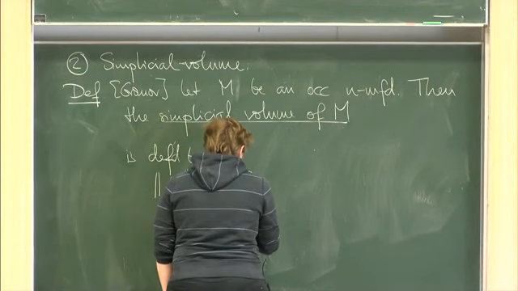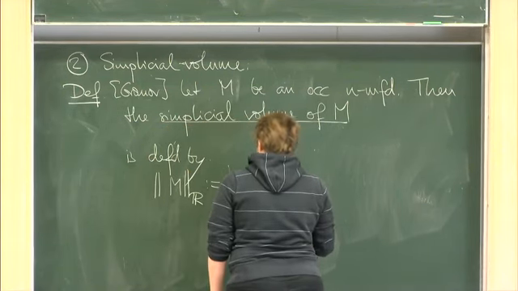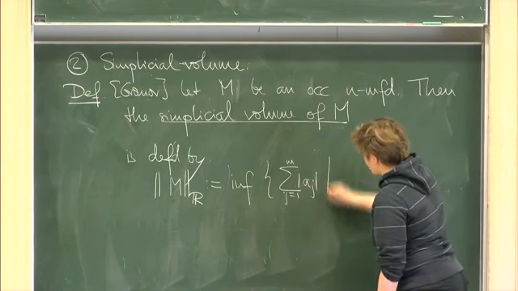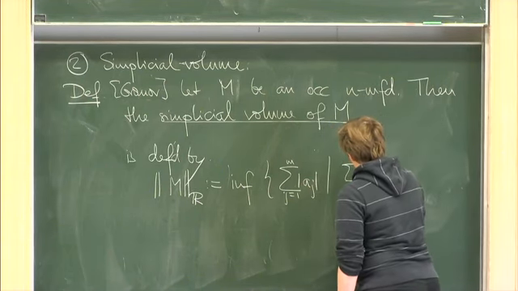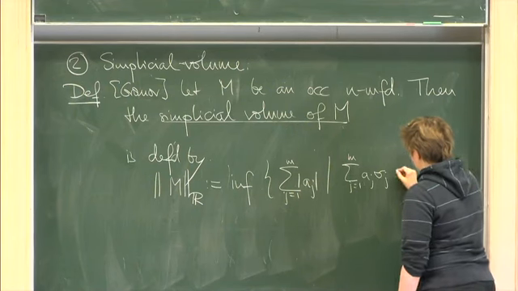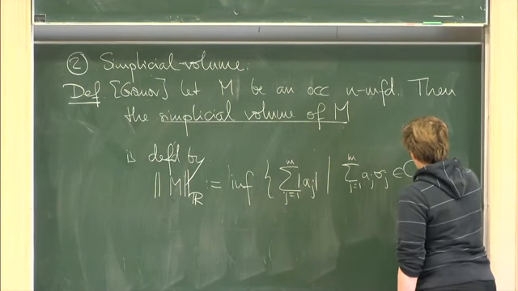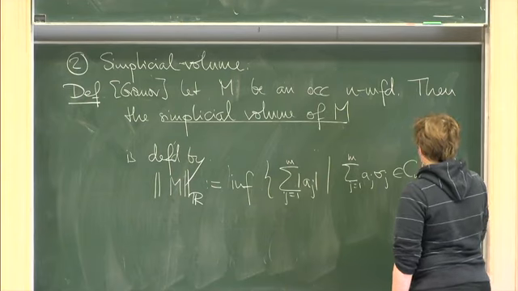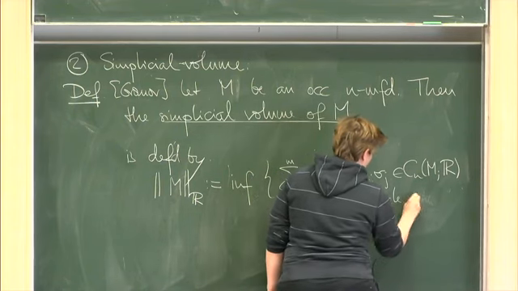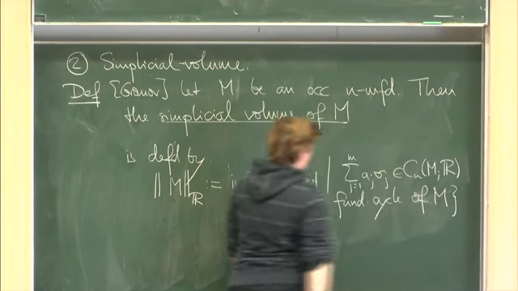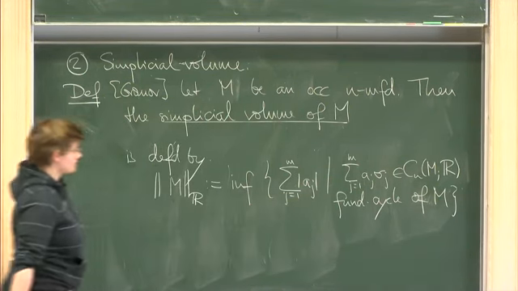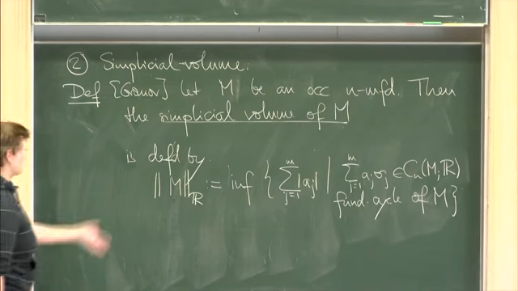So this is the infimum over, and let me make it very explicit, the sum of absolute values of the coefficients where the sum over a_j sigma_j in C_n(M;R) is a fundamental cycle of M. Right, so this is just optimizing the L1 norm of fundamental cycles. Okay, so this gives you some number.